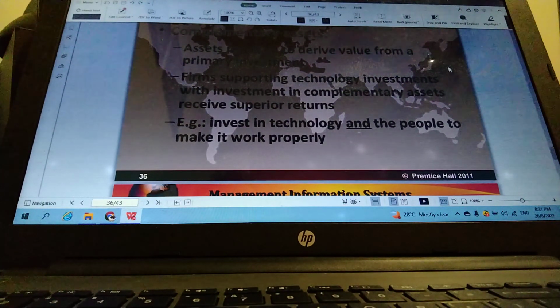People need to be educated, people need to be briefed, people need to understand why we are doing that, why we are investing in that particular technology, what benefit the technology brings, what are the good features, how it simplifies your work, how it helps you to upgrade yourself, to properly equip with new skills, for example.